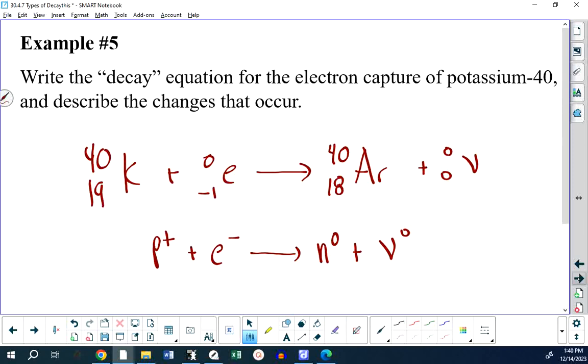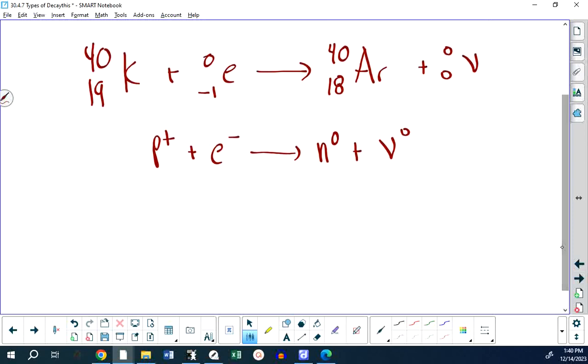And listen, you were able to do that for beta decay to find this net change, for positron decay, and now for electron capture. But again, I want to point out the mystery. We're done here with this lesson. This is electron capture. Beta decay, I'll write as beta negative. Beta positive, which is positron.